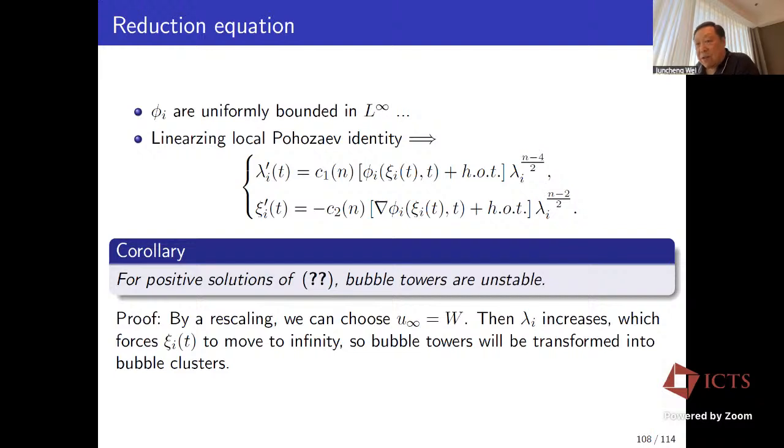And you want this to be L2, because you want to include this next order in your computation. For dimensions 5 and 6, we don't know how to do this. But in the radial symmetry case, we can do it.